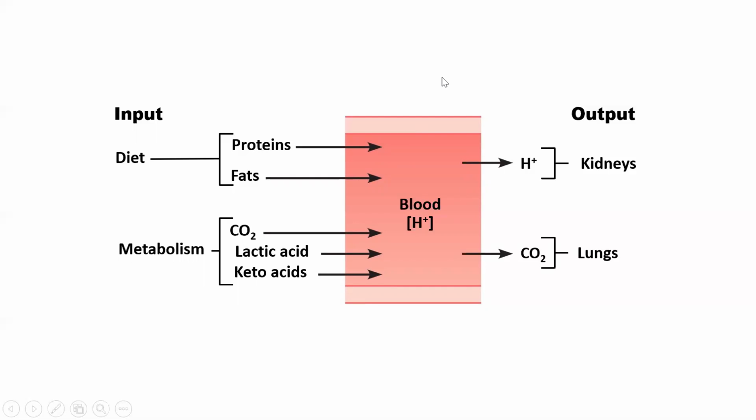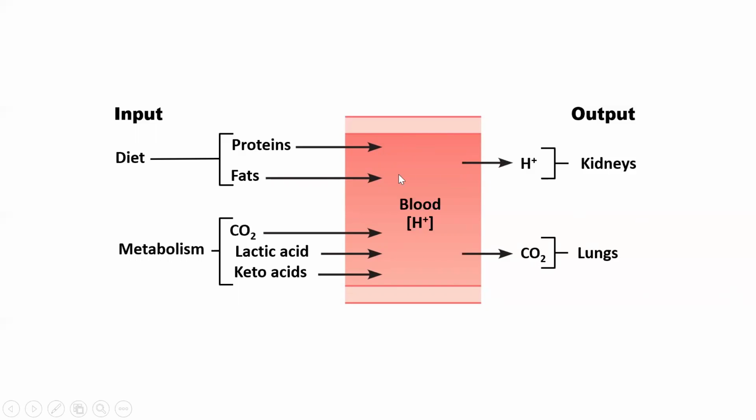So in an attempt to prevent excess hydrogens, we need other outputs that can balance this excess acid, and those are the kidneys and the lungs. The lungs can balance acid by way of CO2 production, and the kidneys can balance acid by excreting excess hydrogen ions. This is another reason why excess protein can be taxing to the kidneys.